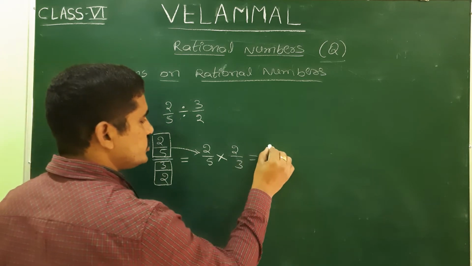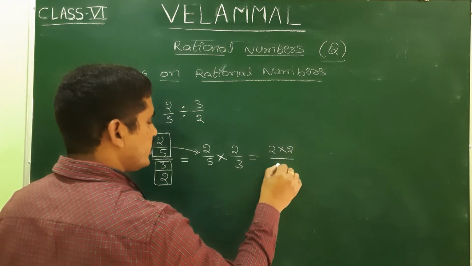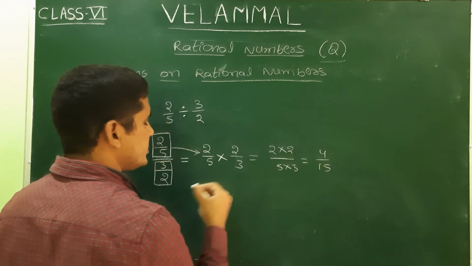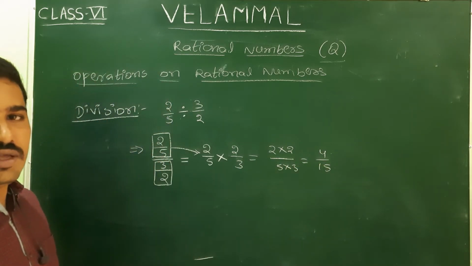Now this will be 2 into 2 divided by 5 into 3, which is equal to 4 by 15. That will be the answer, 4 by 15.